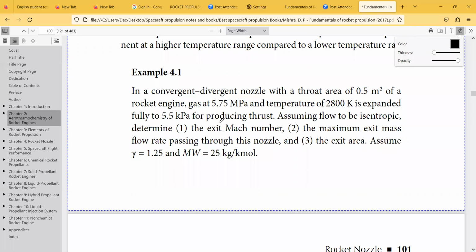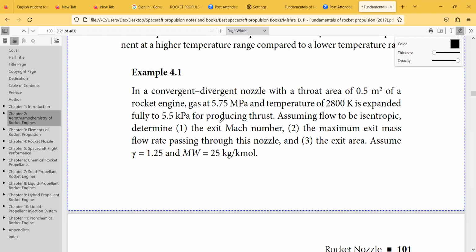It is just 1 minute left, but let me read it and we will redo it. In a convergent divergent nozzle of a rocket engine with a throat area of 0.5, gas at 5.75 megapascal and temperature of 2800 Kelvin is expanded fully to 5.5 kilopascal for producing thrust.